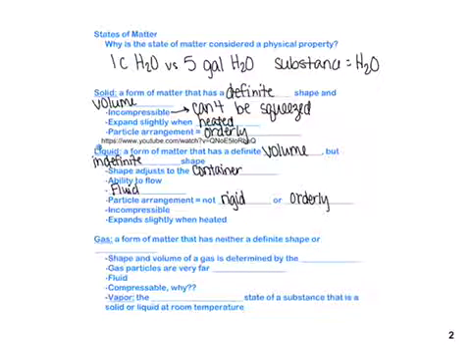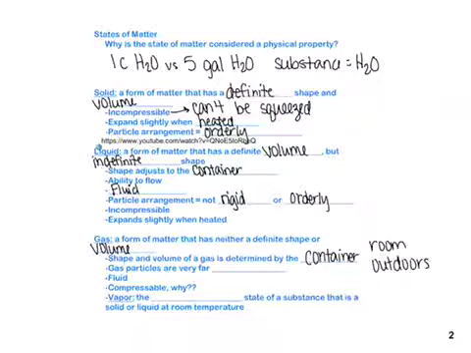The gas is the third state of matter, and this is a form of matter that has neither a definite shape nor a definite volume. The shape and volume of the gas is determined by the container. When we say container here, this could mean a room. It could mean the outdoors. It could mean a pop bottle.